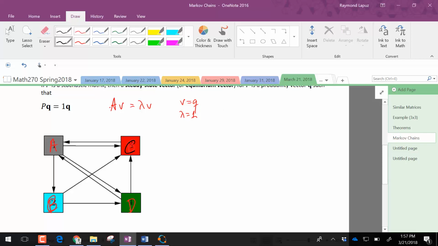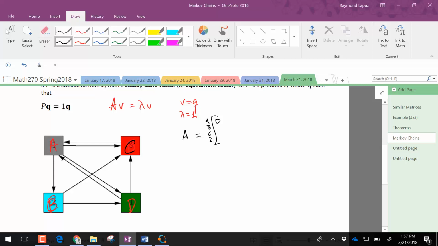So in page A, I don't have a link to itself, so I'm going to put 0 there.